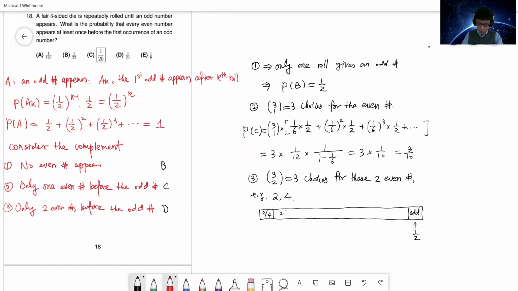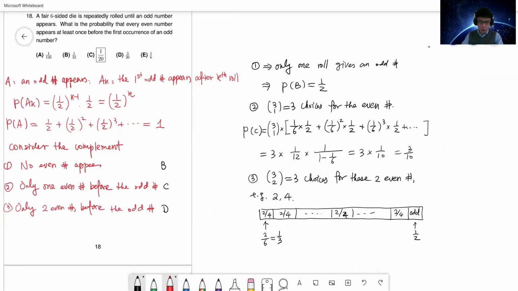For each roll, we get 2 or 4. The probability equals 2 over 6, which is 1 over 3.